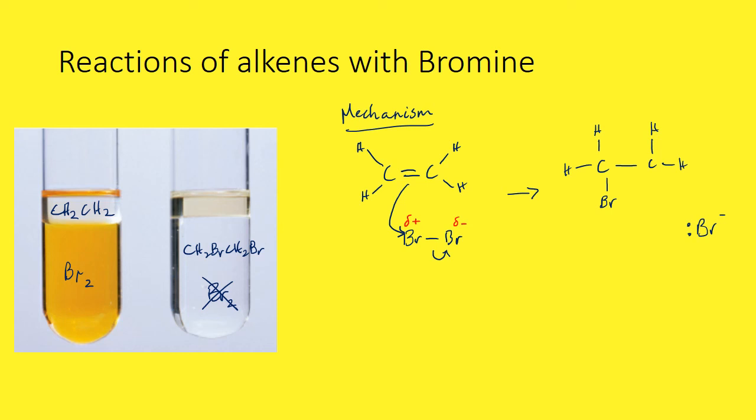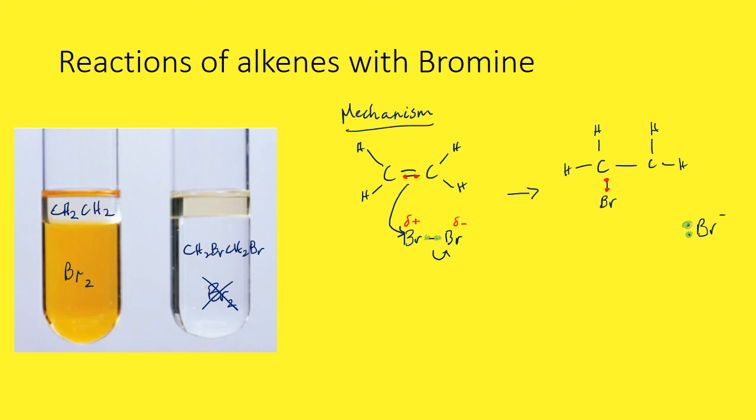So, for completeness, let's track our electrons. In red, I'm going to draw the 2 electrons that were in one of the bonds of the double bond, and they become those 2 electrons making that bond with one of the bromines. And let's go light green to track the 2 electrons in the bromine-bromine bond, and they become these electrons here, one of which is extra to that bromine atom, making it a bromide ion.